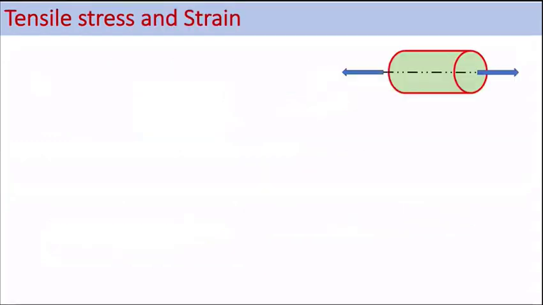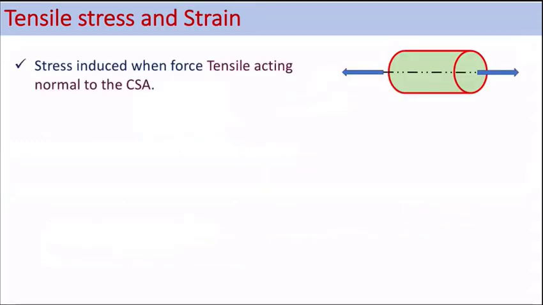Let's see tensile stress and strain. Stress is induced when a tensile force acts normal to the cross section. See this picture. This is the cross section of this rod, and we are applying the force here.